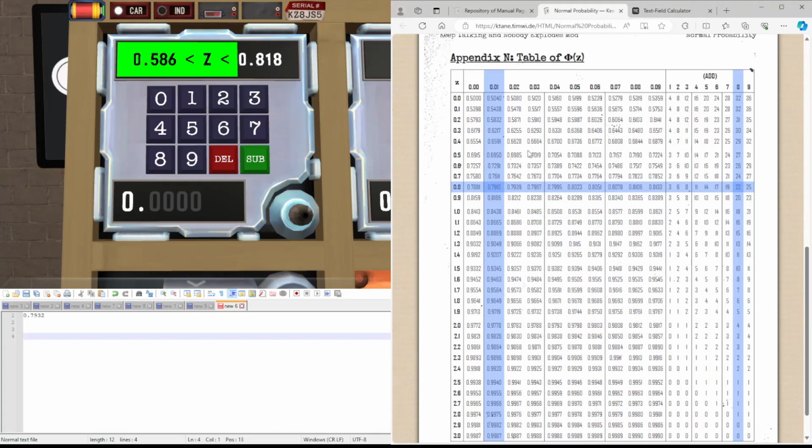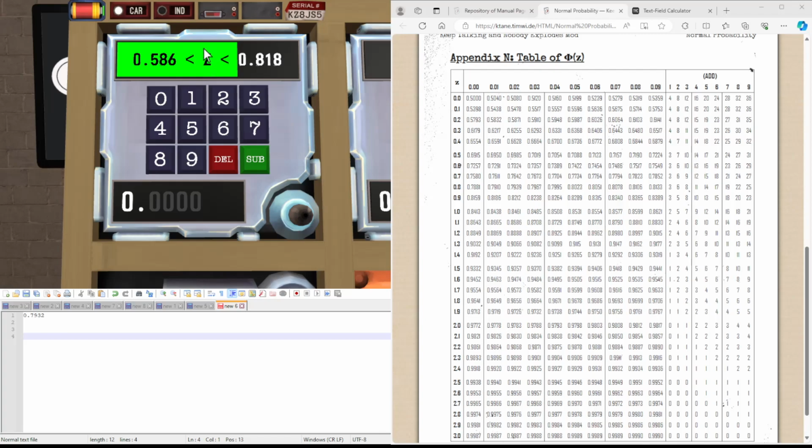So the probability of z being less than, effectively we're basically swapping these round, that's a sloppy way of saying it, but we're effectively now calculating z is less than 0.586.